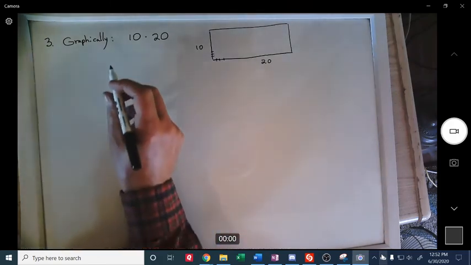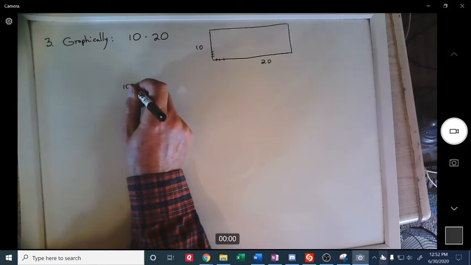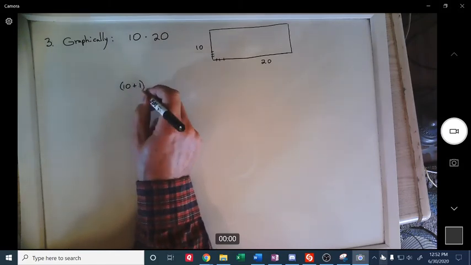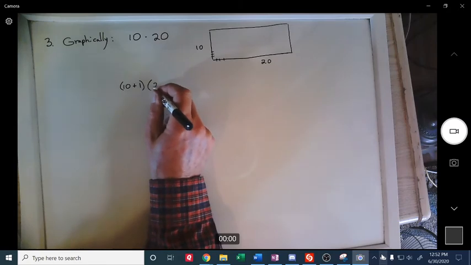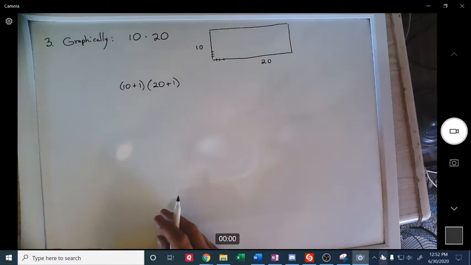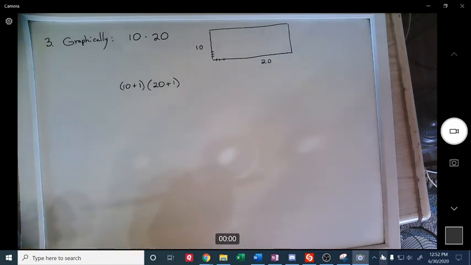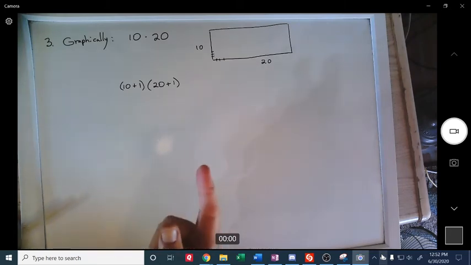All right. Now, if we change the problem, so we made the 10 grow a little bit by 1. And we made the 20 grow a little bit by 1. So remember, rate of change is the change in the output every time the input increases by 1.